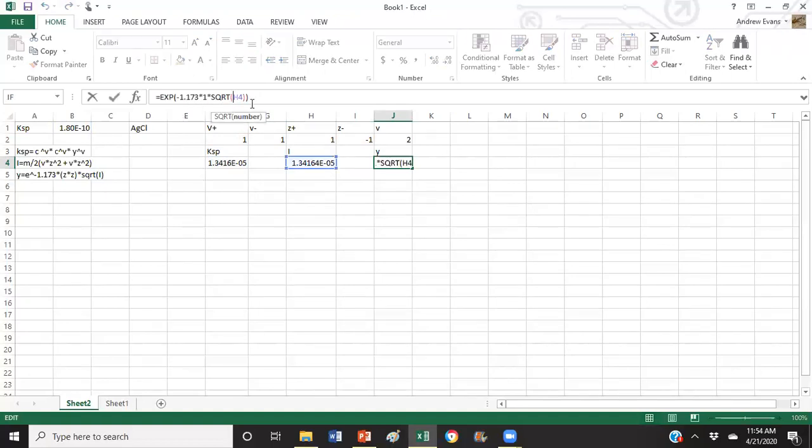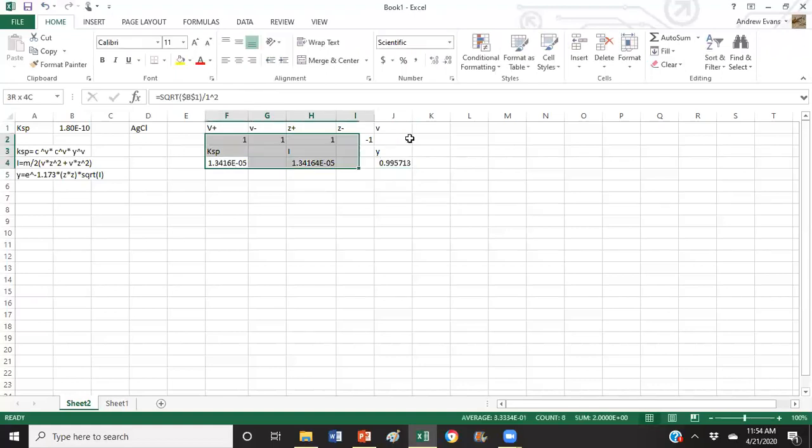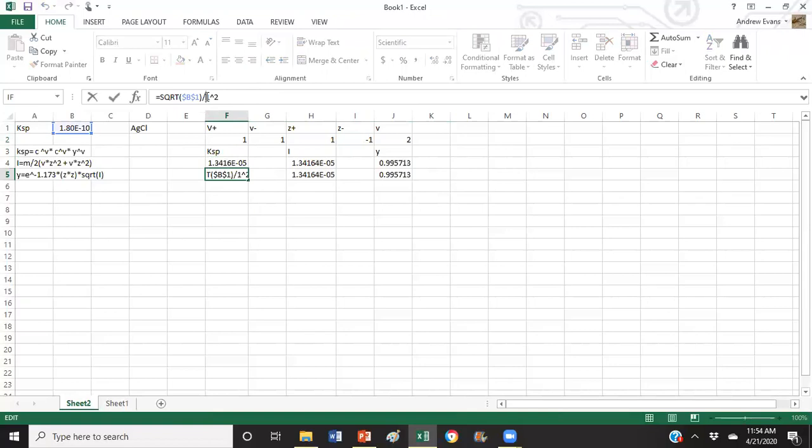Square root of always H, always 4. This way, as I drag these three down, I can see how this changes when I change this. So now I can just simply grab this and replace it with that.